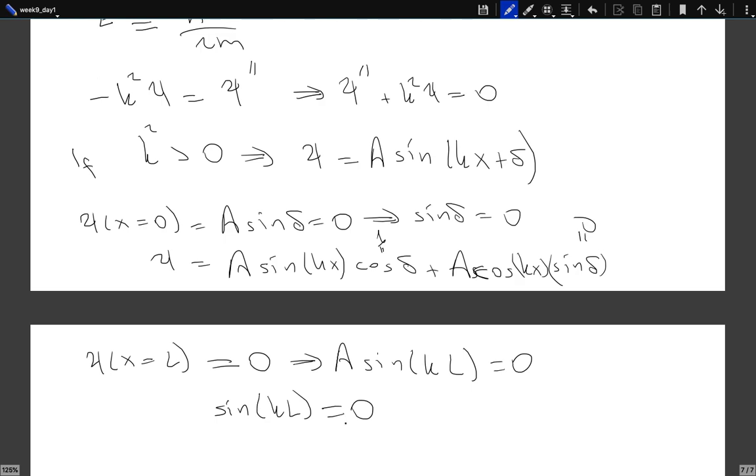But this tells me that I have a solution not for any value of k. I have a solution only for special values of k. kL should be an integer multiple of π. Otherwise, sin kL cannot be 0, and I'm forced to have A equal to 0, so there's no wave function.